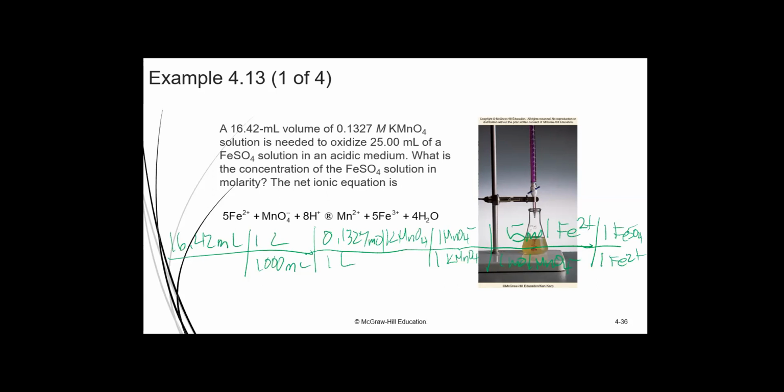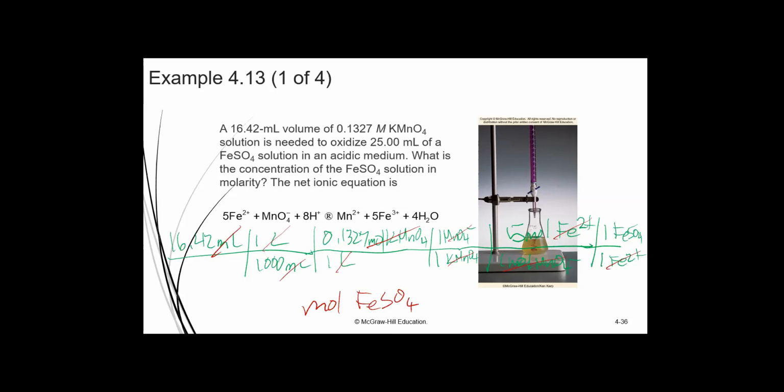Whew. That is a lot of work for us to get to our moles. But if we check our units, milliliters cancel with milliliters, liters with liters, moles of KMnO4 with KMnO4, MnO4 with MnO4. And so then we have Fe2+ with Fe2+. And so we're going to end up with moles of FeSO4.